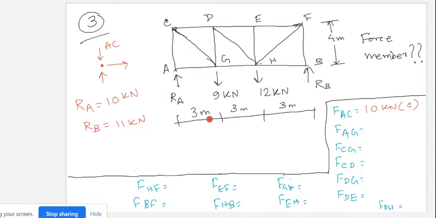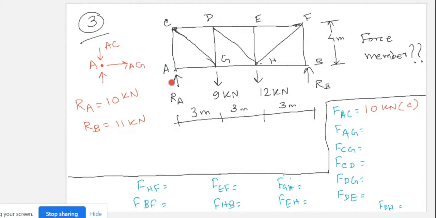Is it forming any force equilibrium? Is there any load on this side? No, sir. That means at this point A, RA is acting and also at the same straight line AC is acting.